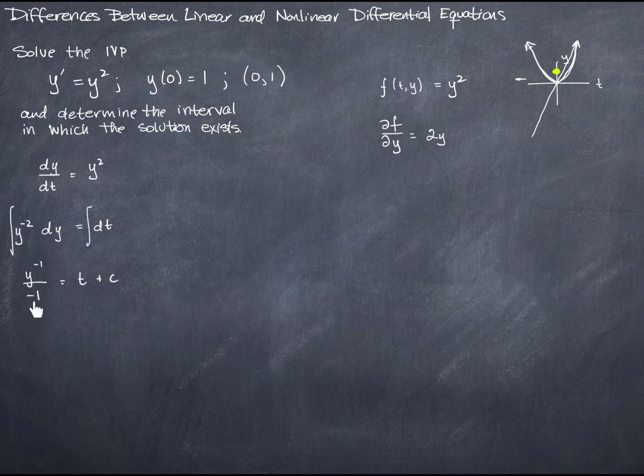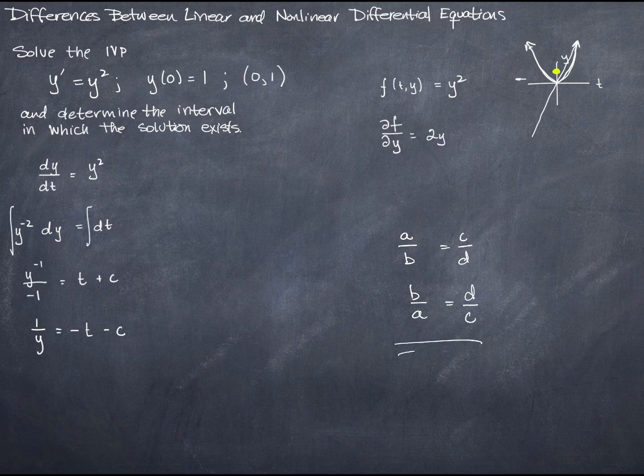This term is negative. I'm going to rewrite y to the negative 1 as 1 over y. I'm going to push that negative 1 through the entire equation, so I get this. And then there's a nice little property in algebra that says if you have a over b equals c over d, you can flip both of those ratios over and you get b over a equals d over c.